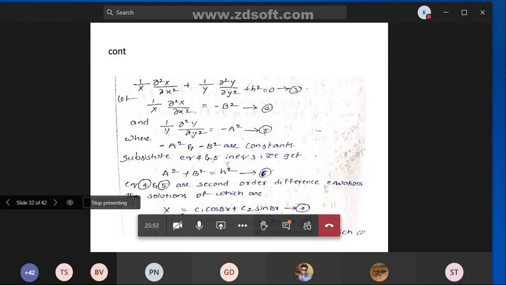So these two are the second order differential equations. Here c1, c2, c3 and c4 are constants.